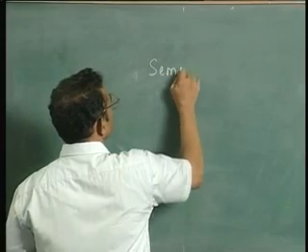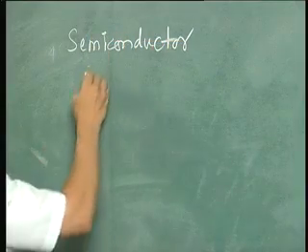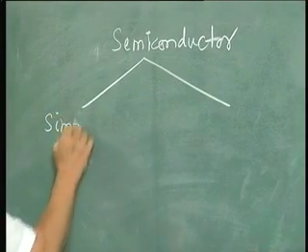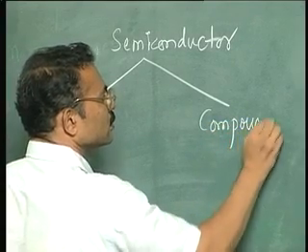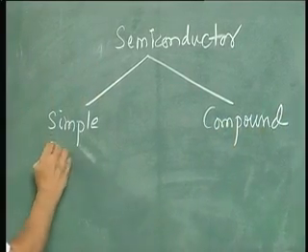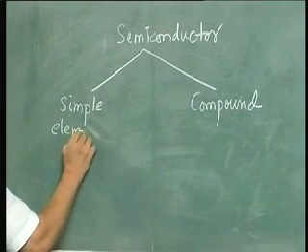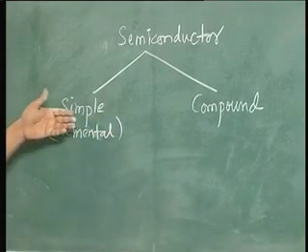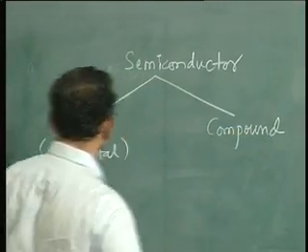We can divide the semiconductor types into simple and compound. A simple semiconductor is also an elemental semiconductor. Example of a simple semiconductor we said is silicon. Example of a compound semiconductor is gallium arsenide.